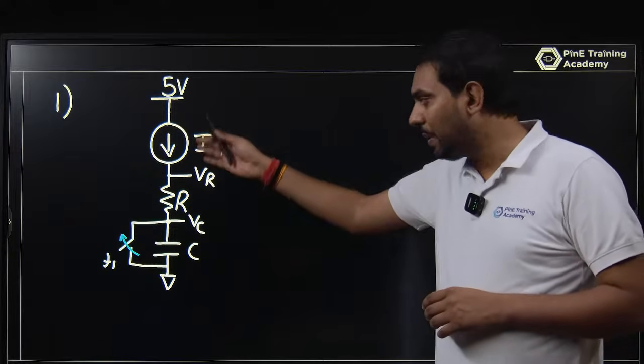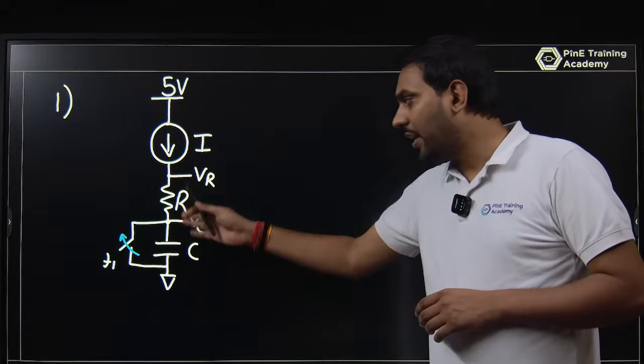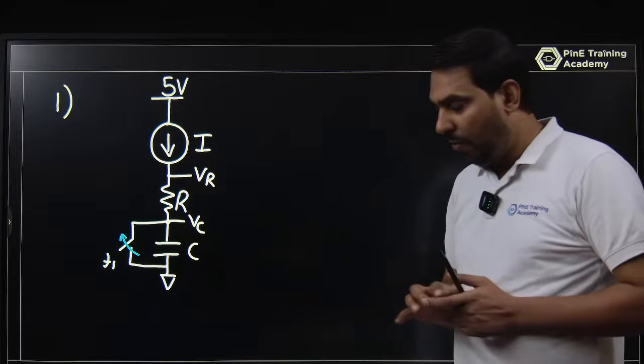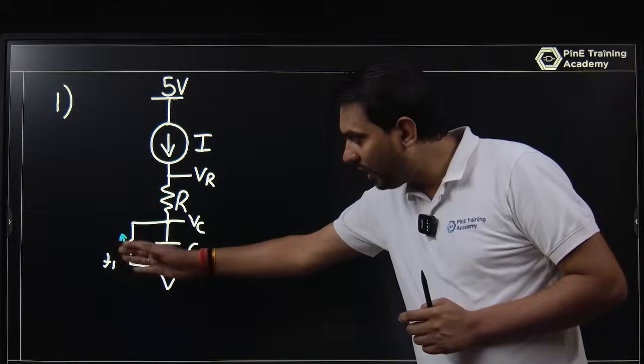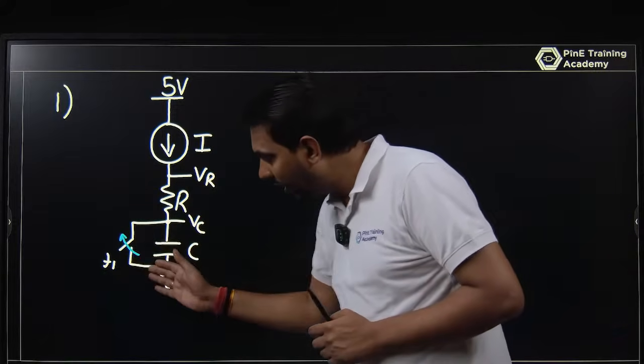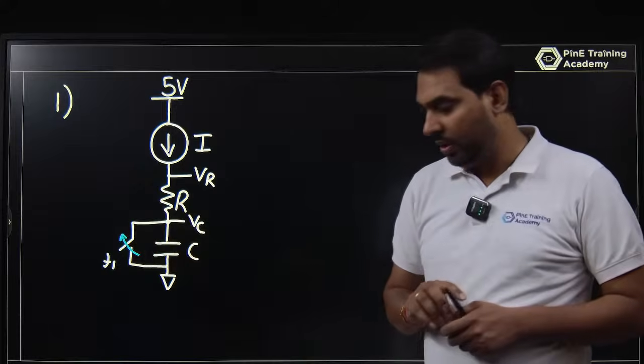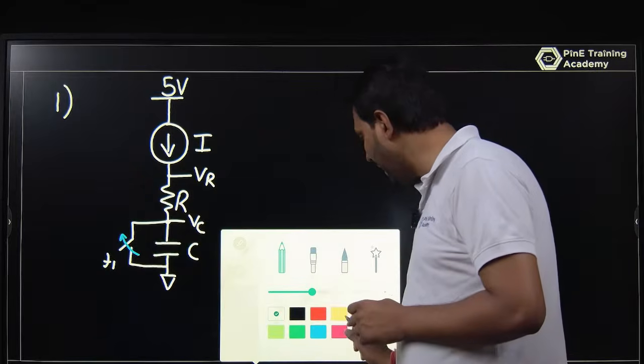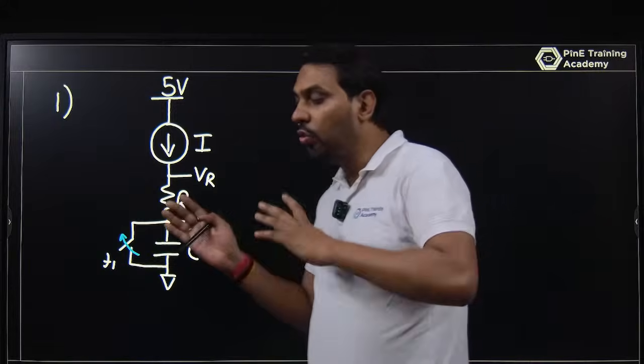The constant current is passing through a circuit where R and C are in series, but the condition is that before T1 there is a switch. Before T1 the switch is connected, after T1 the switch is open. So let us break this problem in two parts.